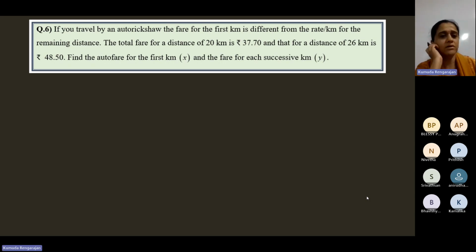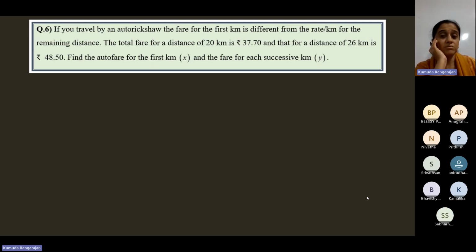It's given if you travel by an auto rickshaw, the fare for the first kilometer is different from the rate per kilometer for the remaining distance. So if you travel 20 kilometers, how much will you pay for the first kilometer? X. What's the remaining distance? 19. And you'll be paying at the rate of Y per kilometer.